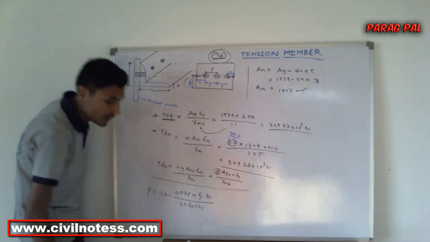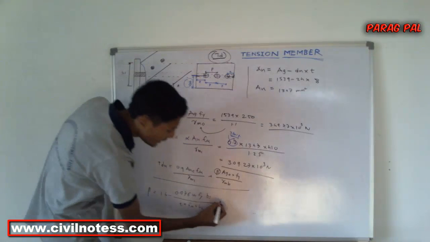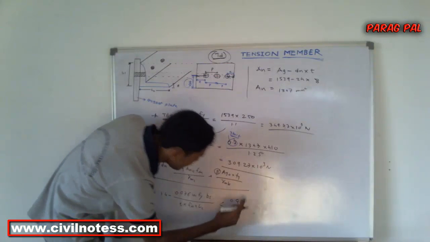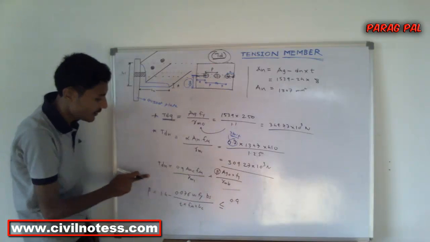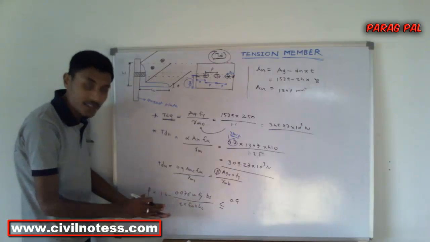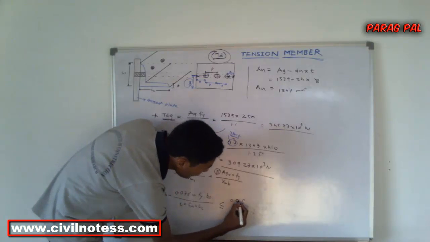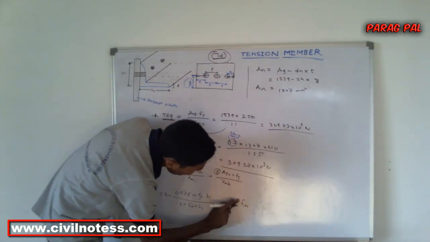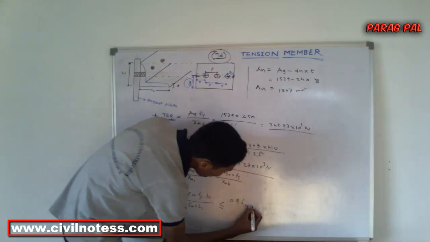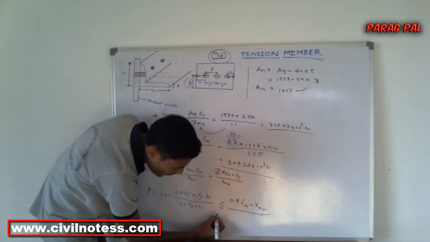This formula is given to you, but the relation you have to satisfy is that this value is less than or equal to 0.9. You cannot just take it and divide it. This beta value is always less than 0.9 Fu into gamma M0 divided by Fy into gamma M1.